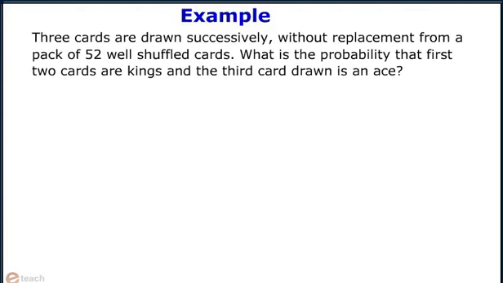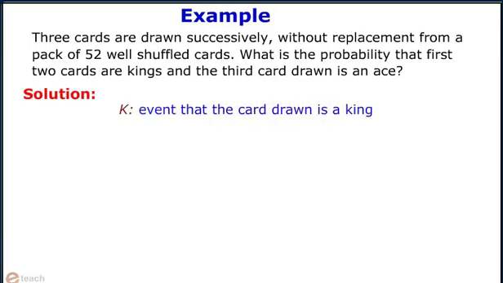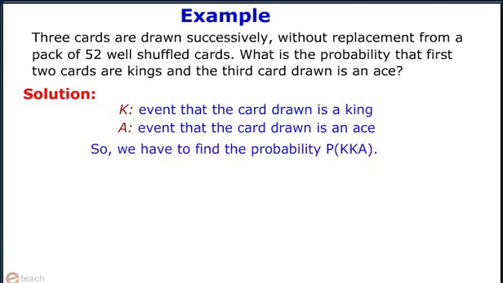Example: 3 cards are drawn successively without replacement from a pack of 52 well shuffled cards. What is the probability that first 2 cards are kings and the third card drawn is an ace? Solution: let K denote the event that the card drawn is a king and A denote the event that the card drawn is an ace. So we have to find the probability P(KKA).